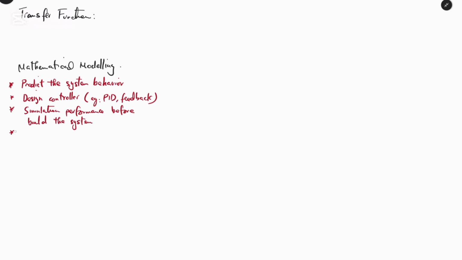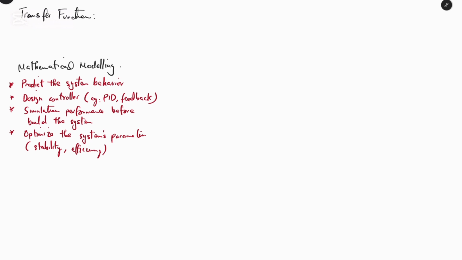And also, a mathematical model helps us to optimize the system parameters. And we said many times those parameters are important for stability and efficiency of a system.